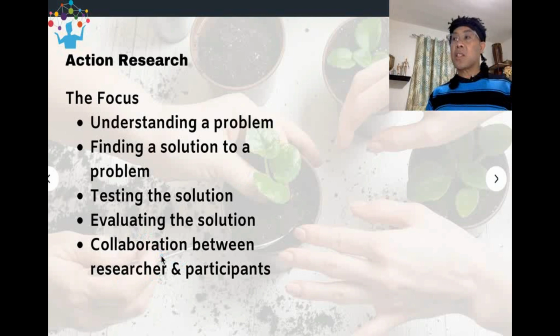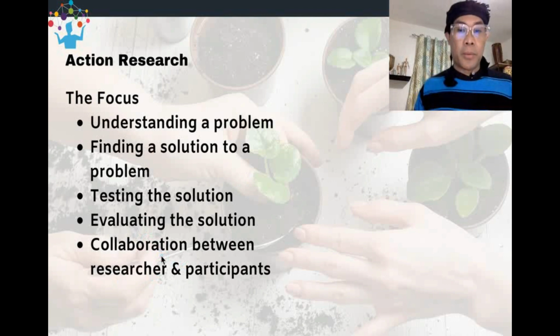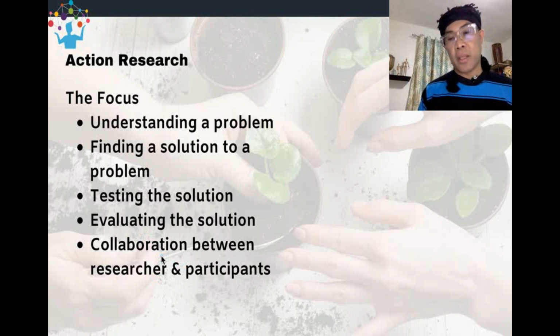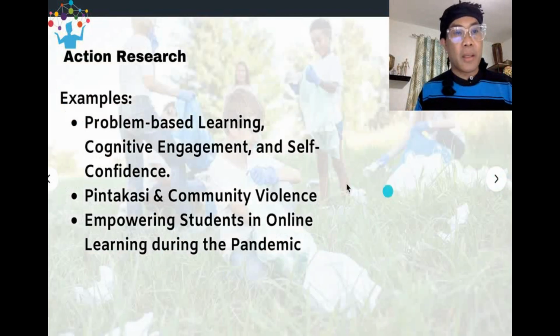So it's not only about you as a researcher drawing the data, it is also about the participants understanding the data. And given the data, you come up with a consensus, a collaborative effort to come up with a solution. So let's see some examples here.